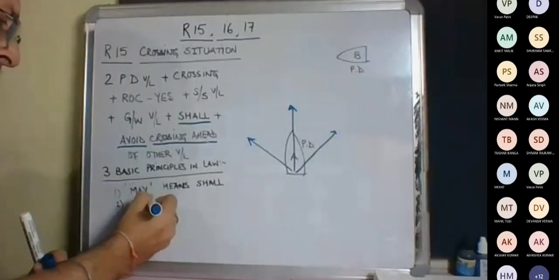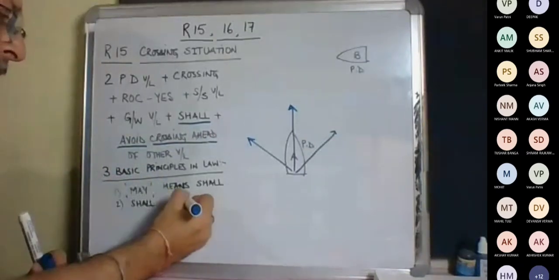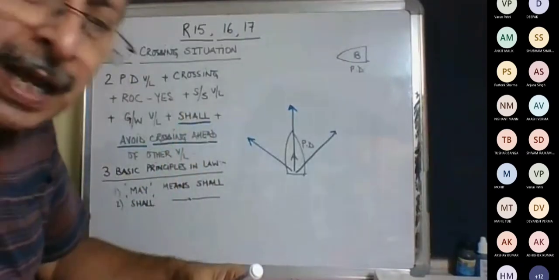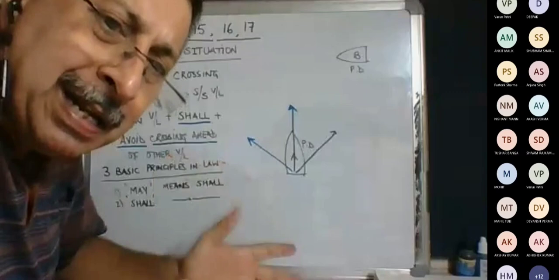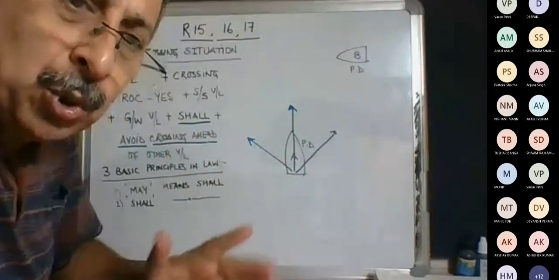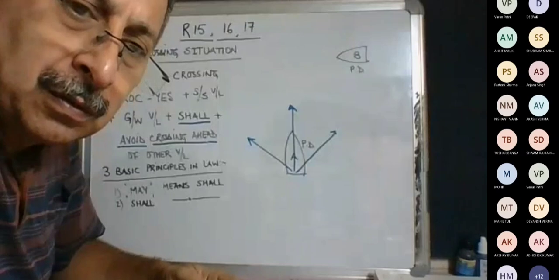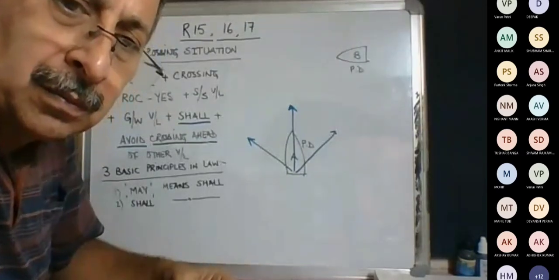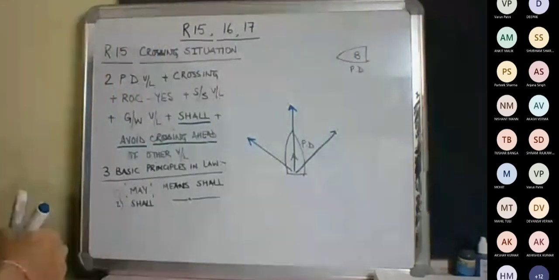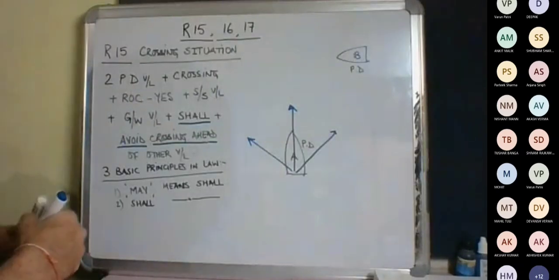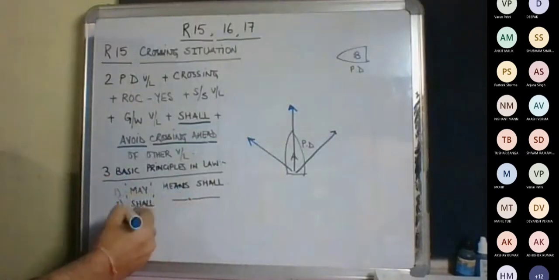Then shall means shall. The word shall also means shall. मैंडेटरी है. You shall do this. Shall also means mandatory.